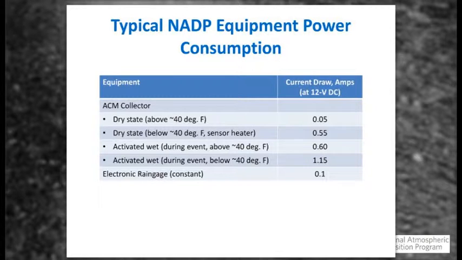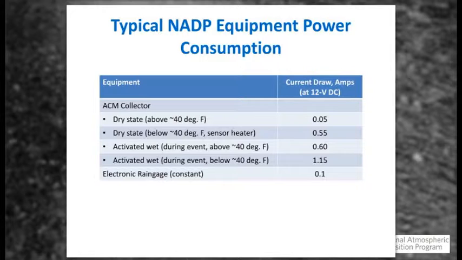When it's cold, below approximately 40 degrees Fahrenheit or sub-freezing weather, the sensor heater turns on to melt any snow that falls on it. It also heats during precipitation events to dry the sensor, so we don't have the collector open for extended periods. Those are cumulative, so the maximum power draw of the collector is about 1.15 amps at 12 volts in the winter when activated.